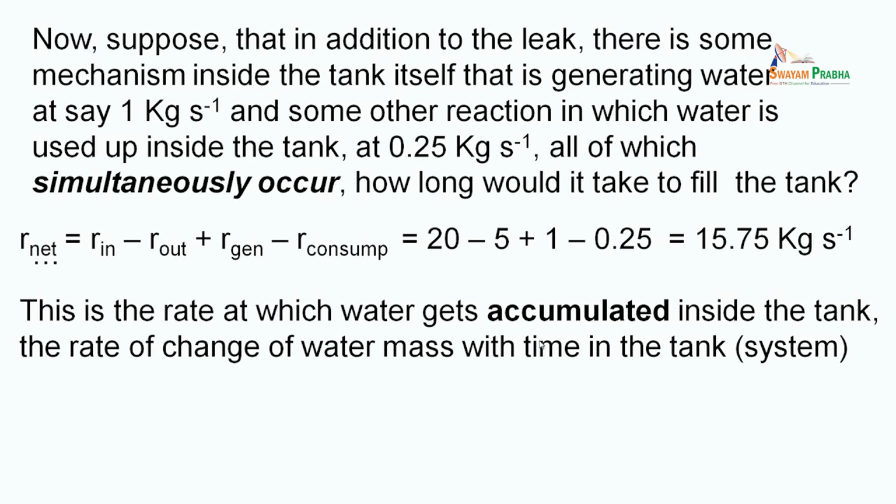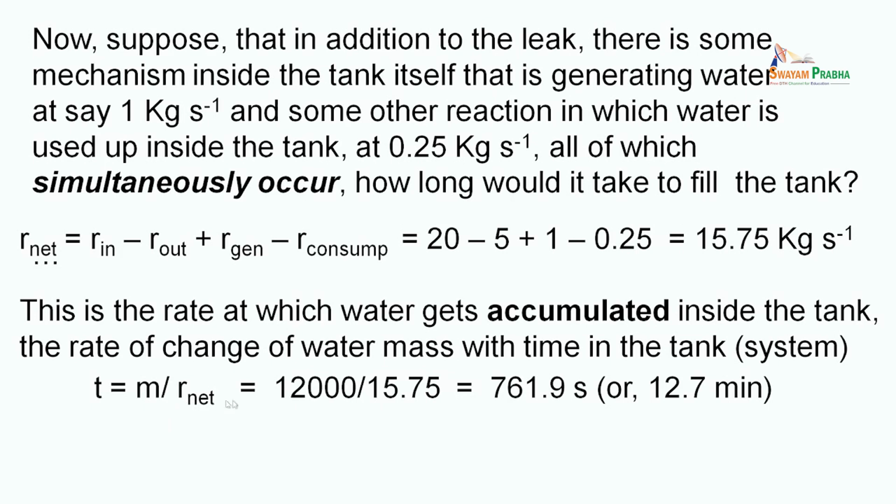So, this is the rate at which water gets accumulated inside the system or inside the tank, the rate of change of water mass with time in the tank. So, that will turn out to be 12,000 kgs divided by the net rate, which is 15.75 kilograms per second, which turns out to be 761.9 seconds or 12.7 minutes.